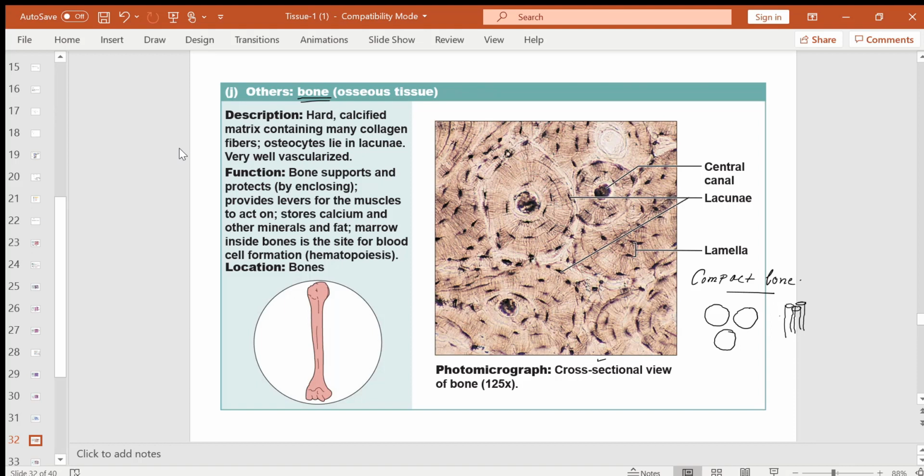Now if I make a cross section slice, I will see circles, right? So each circle is a column, and each column is the structural unit of the bone called osteon.